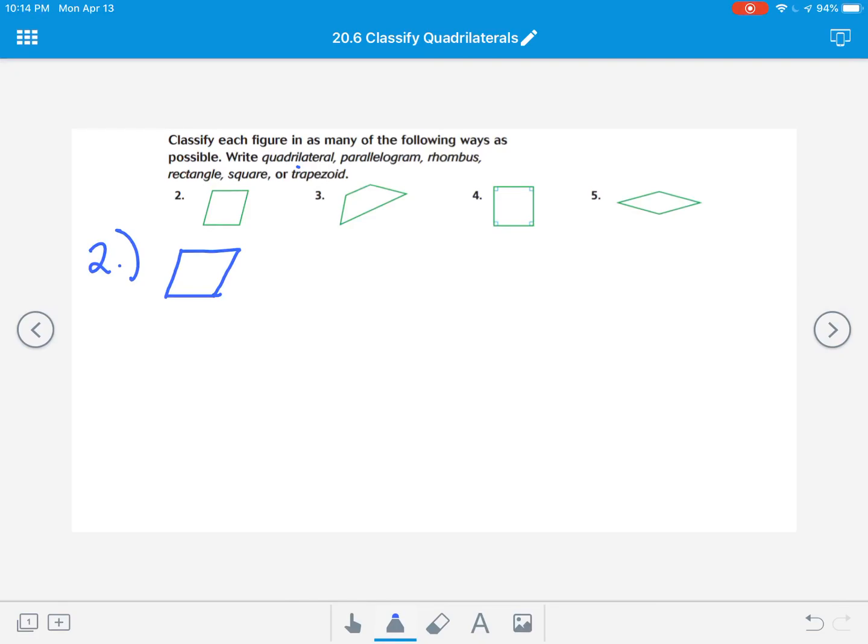So we know that this is a parallelogram because opposite sides are equal and the sides are parallel to one another. So this is going to be a parallelogram and a quadrilateral. Sorry, that should go first, quadrilateral. We're going to get really good at spelling these words today.